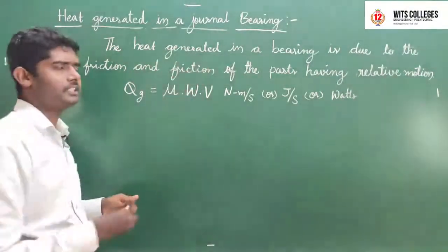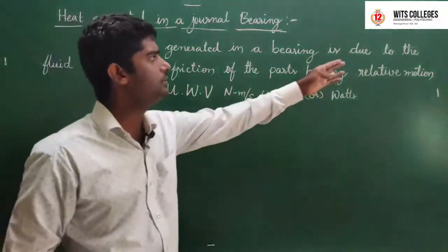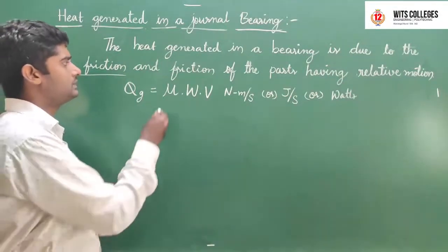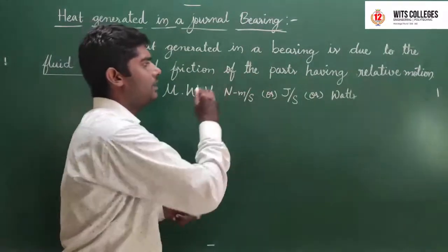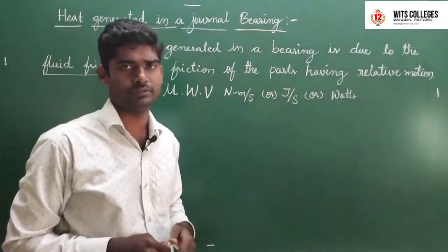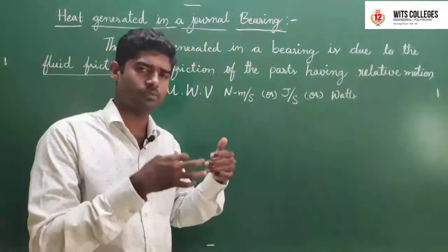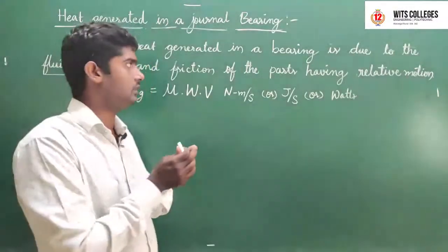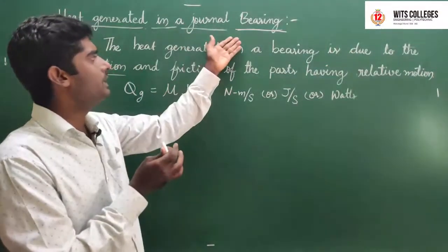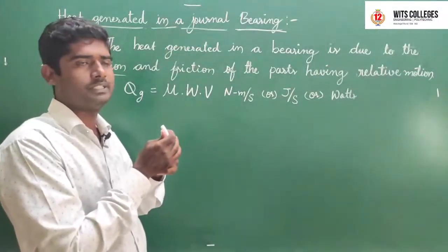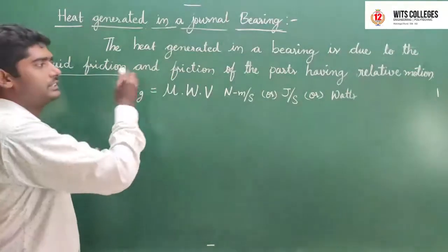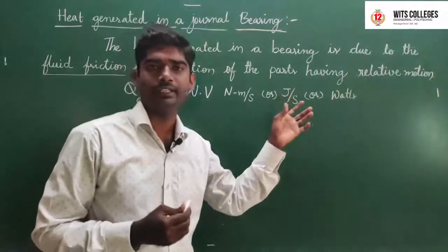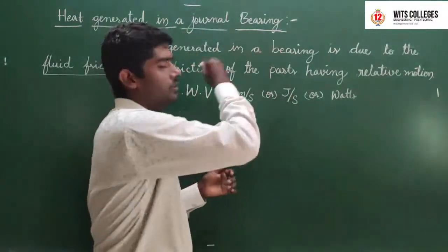The heat generated in a journal bearing is due to the fluid friction and the friction of the parts having relative motion. If there is any contact between two materials, heat is generated. That is called heat generated in a journal bearing.